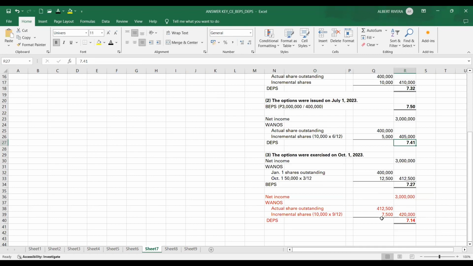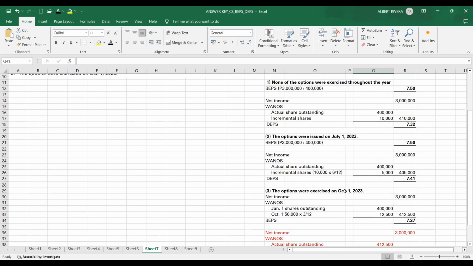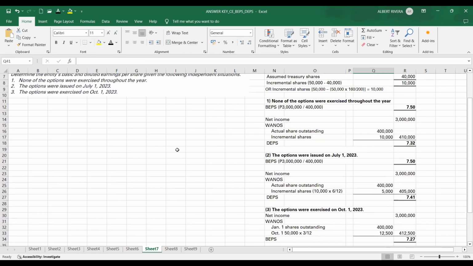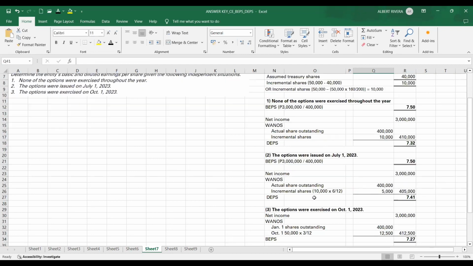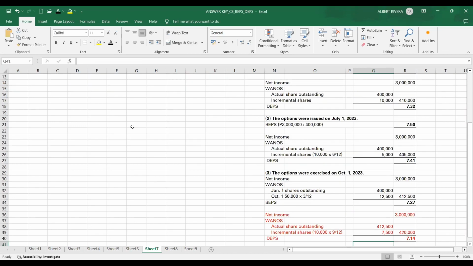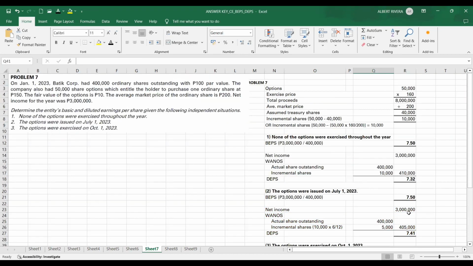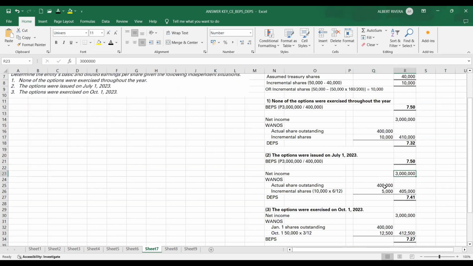While here, ang sabi dito, the options were exercised. So, magbabago na to. Kasi the options were exercised daw eh. When? October 1. So, this is 3 million. So, this is 400,000. Weighted number of shares outstanding.